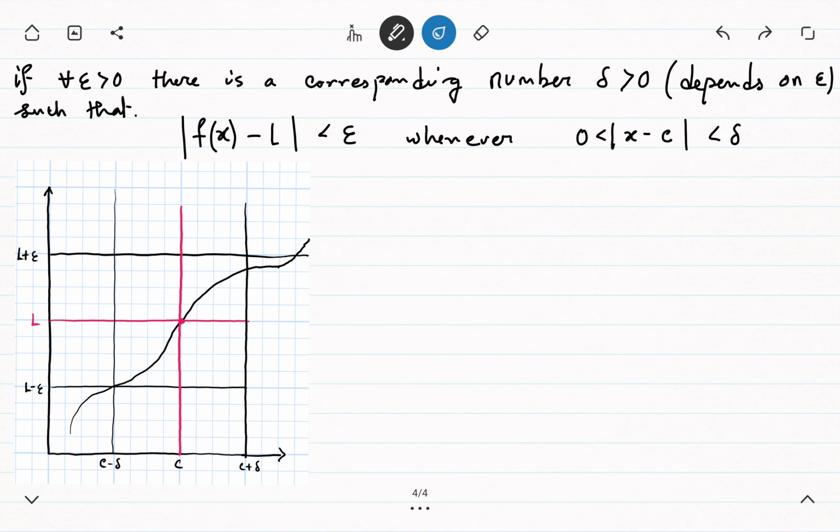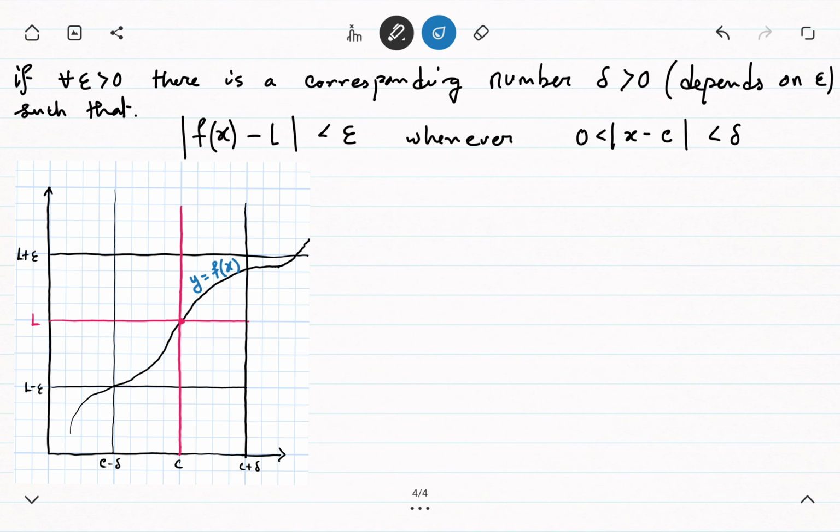So this is y equals f of x. So this definition is basically based on this drawing I have made in a Cartesian coordinate system.